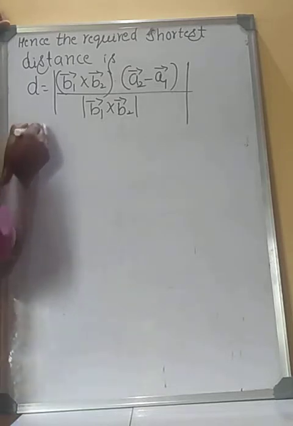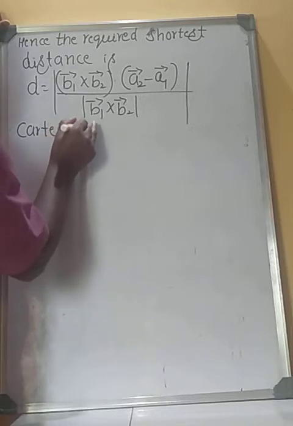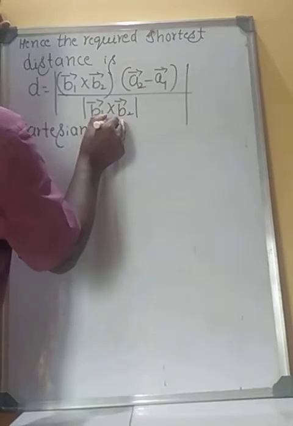Then the Cartesian form of the equation of two skew lines.